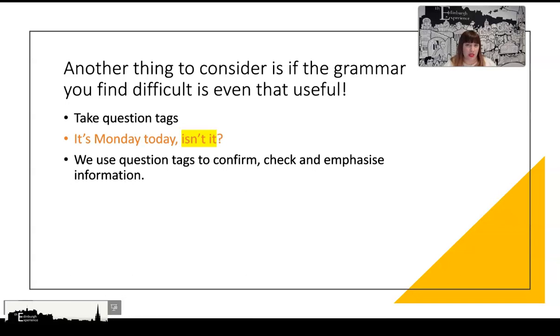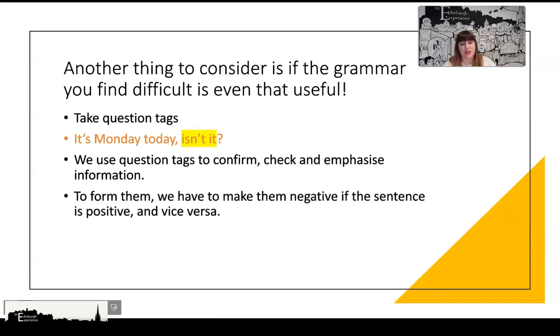So we are using question tags basically to confirm, check, or emphasize information. And to form them, it's quite complicated. So we have to make the question tag negative if the sentence is positive, and vice versa. So in this one that we've got here, it's Monday today is a positive statement. So that means the question tag I'm producing has to be negative.